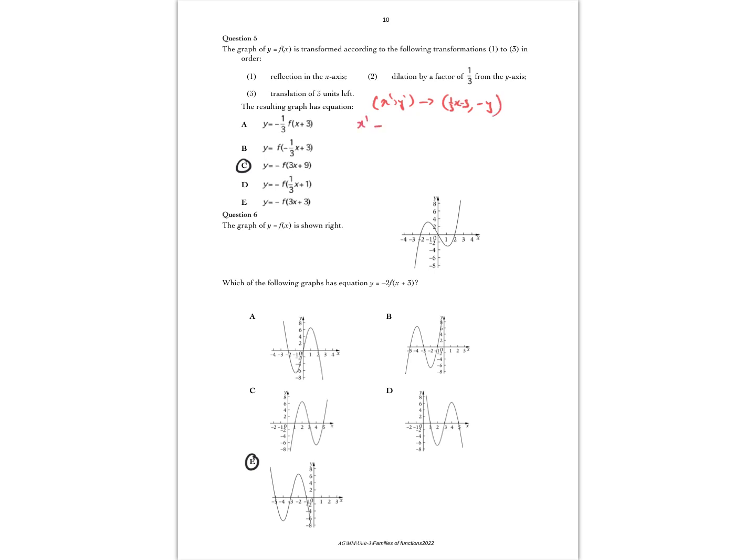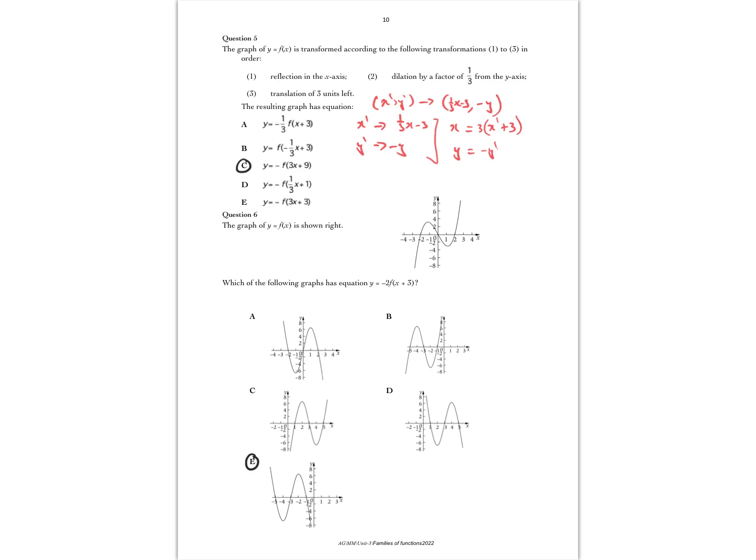So x dash becomes 1/3 x minus 3, y dash becomes negative y. Tidy up and get x equal to, so x will equal 3 out the front of (x dash plus 3), and y will equal negative y dash.